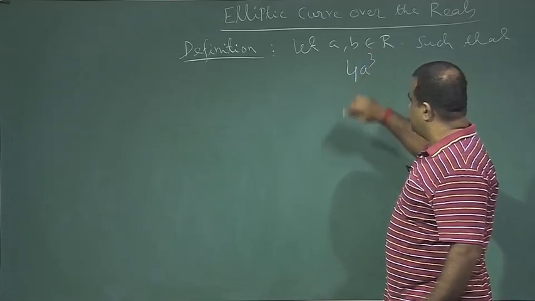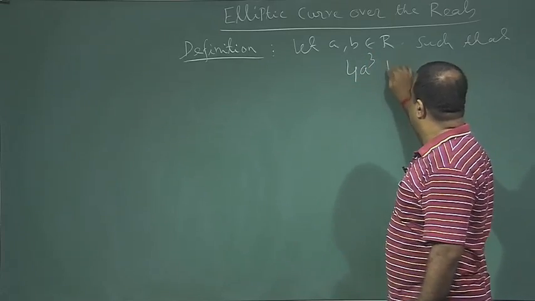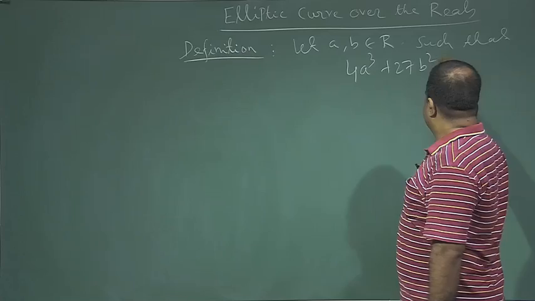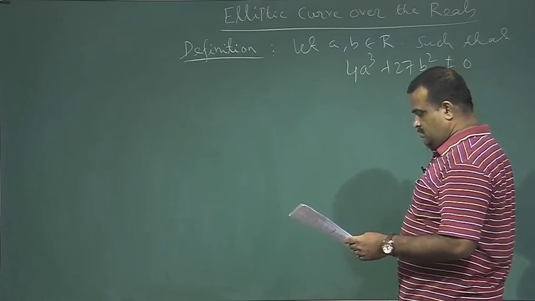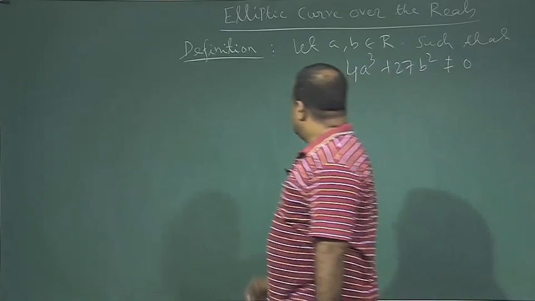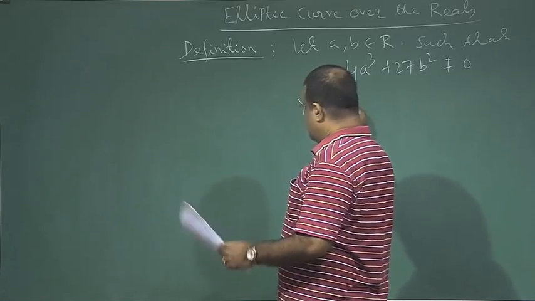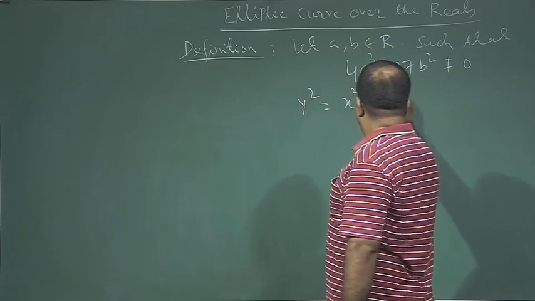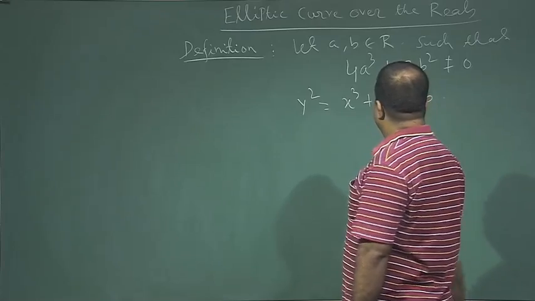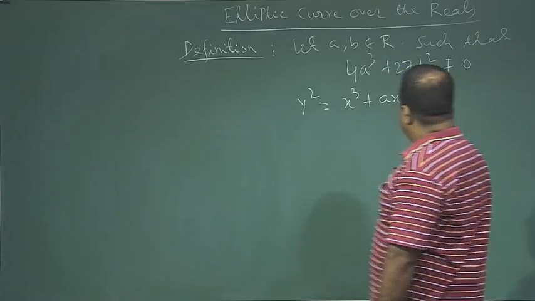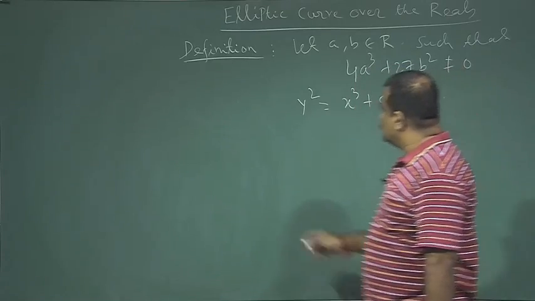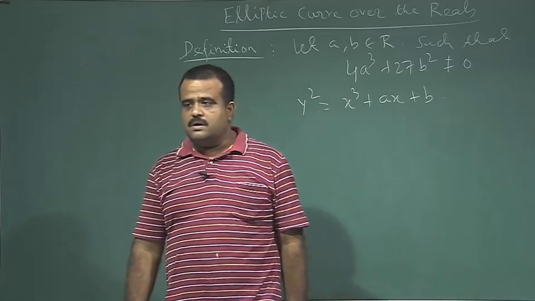This is the non-singularity condition of an elliptic curve. Then we take the equation y square equal to x cube plus ax plus b for this a, b, and this will give us an elliptic curve over R.